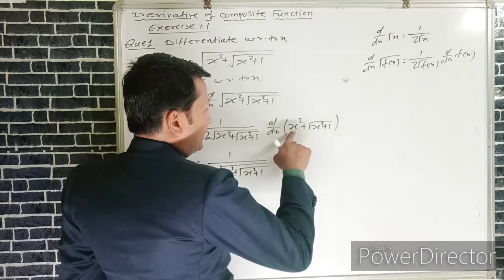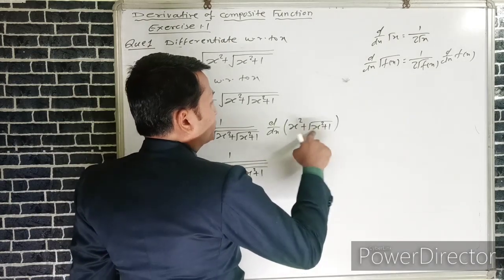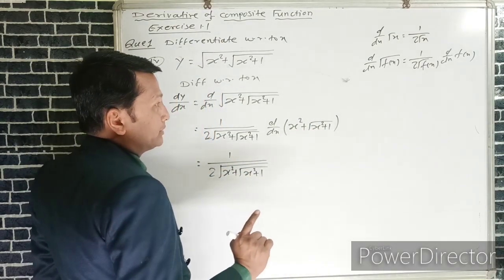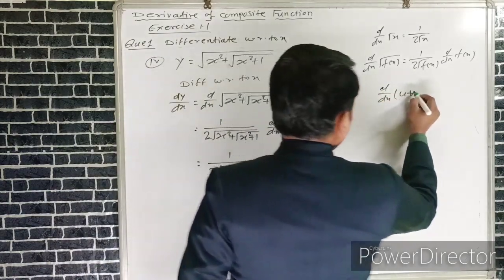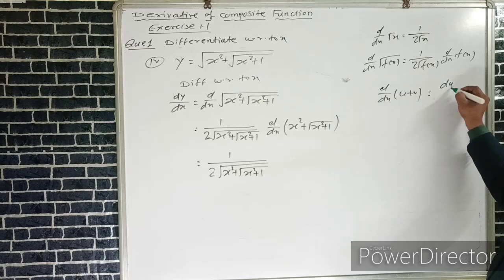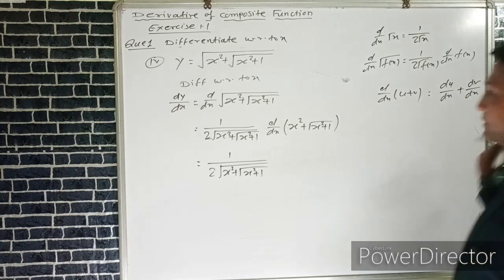We can take a separate derivative of both terms by using the rule derivative of u plus v is du by dx plus dv by dx.